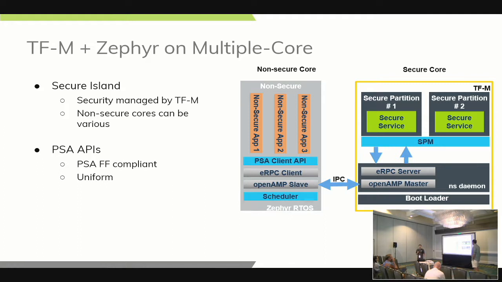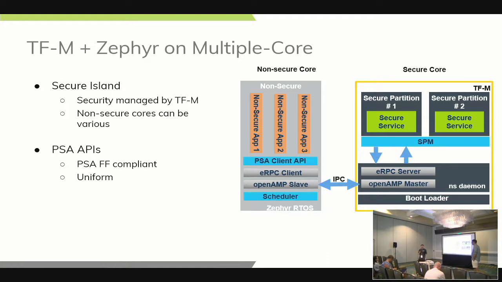OpenAMP and eRPC are standalone libraries too, which only export APIs to TF-M. In this way, the non-secure application could get the long-term support of TF-M. Since TF-M evolves fast, it may support more features and more secure services from version to version, and optimization and refactoring may happen in TF-M too.